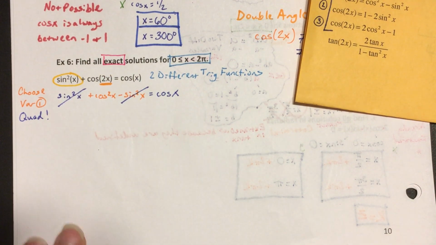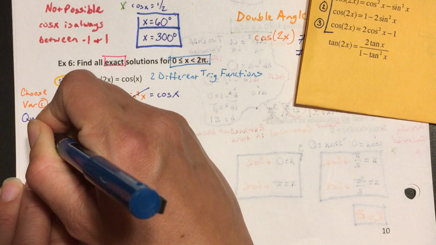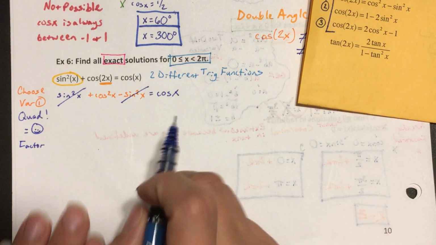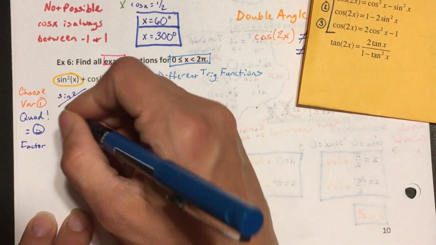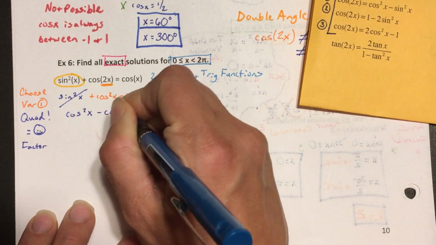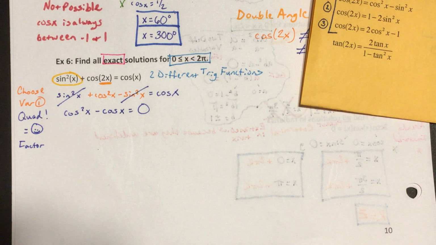So because we have a quadratic, that should push me to try to get the expression equal to 0 so that we can factor it. So I'm going to keep my squared term positive, and I'm going to subtract that cosine x to move it on over to the other side. So cosine squared x minus cosine x equals 0. And how can I factor something like this?